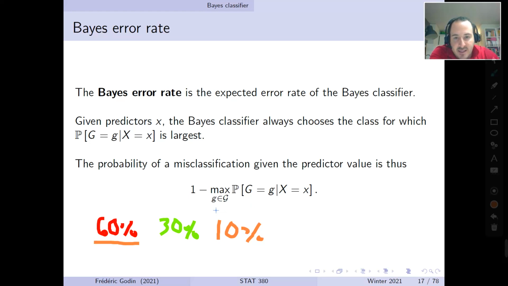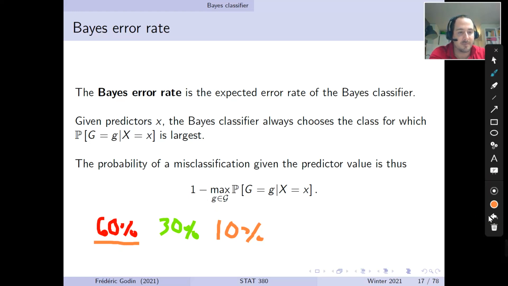Here that maximum probability across all classes would be 60%, but when you classify as red, the probability of making an error is 1 minus 60%, which is the sum of probabilities of all other classes. So in this example, the probability of making a mistake for this value of x is 40%, which is 1 minus the probability associated with the most likely class.